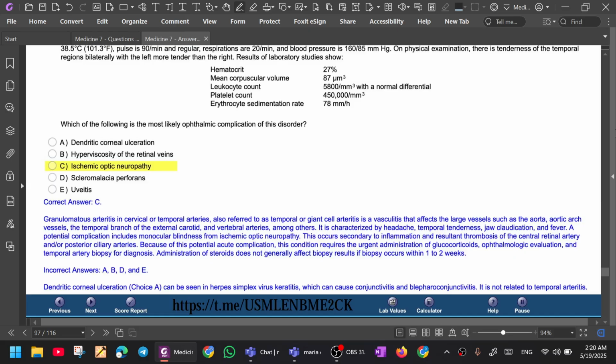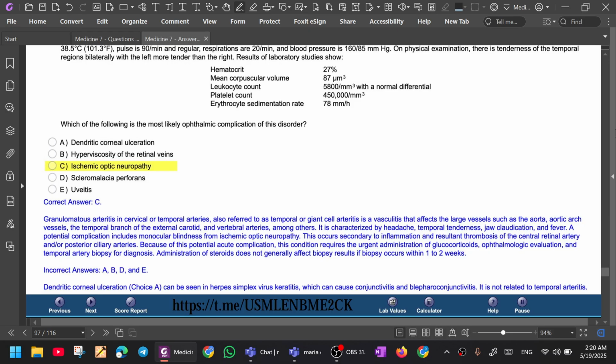A potential complication includes monocular blindness from ischemic optic neuropathy. These occur secondary to inflammation and resulting thrombosis of the central retinal artery and posterior ciliary artery.